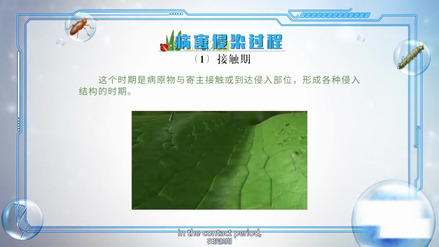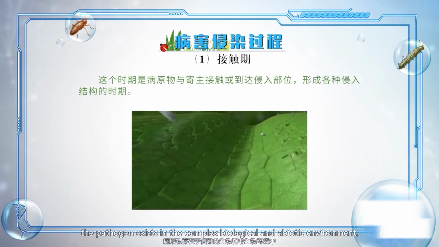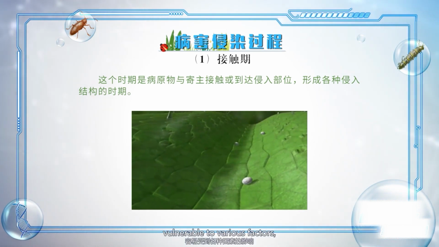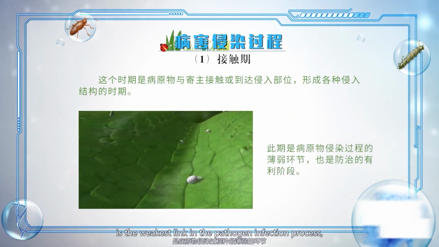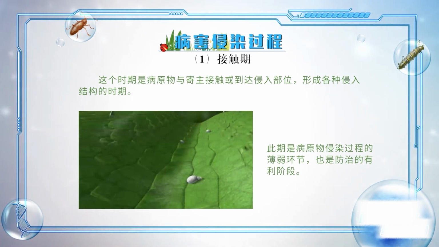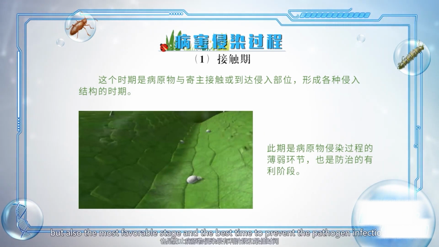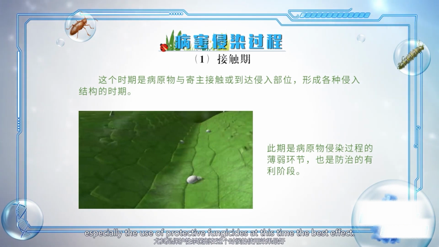In the contact period, the pathogen exists in a complex biological and abiotic environment, vulnerable to various factors. It is the weakest link in the pathogen infection process, but also the most favorable stage and the best time to prevent the pathogen infection. Especially the use of protective fungicides at this time has the best effect.